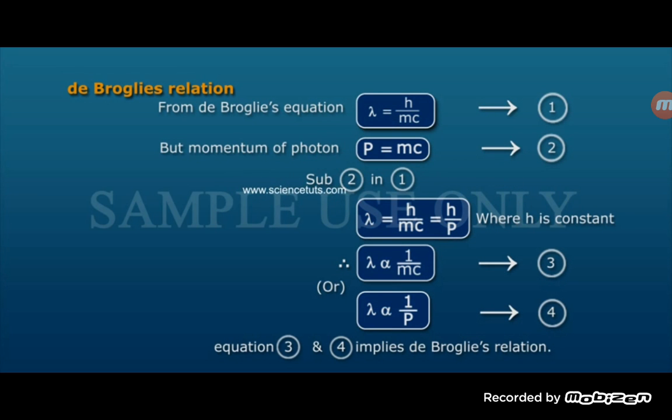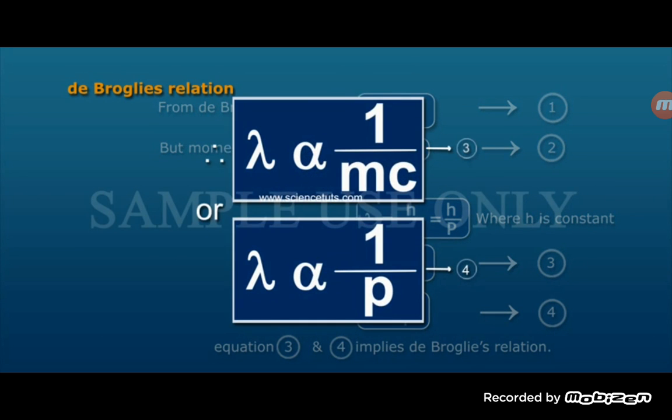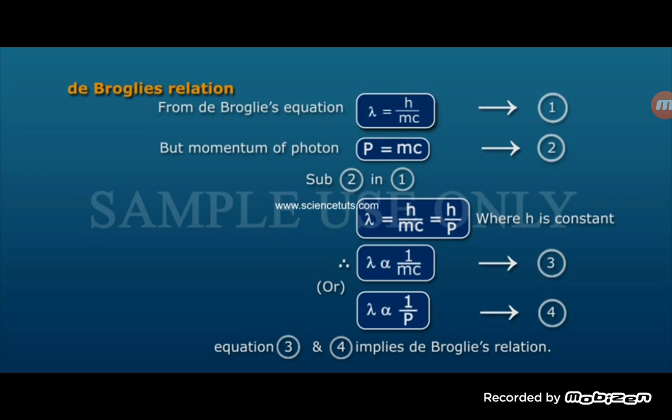Substitute equation 2 in equation 1. Lambda is equal to h by mc, which is equal to h by p, where h is constant. Therefore, lambda is directly proportional to 1 by mc, or lambda is directly proportional to 1 by p. This is de Broglie's relation.